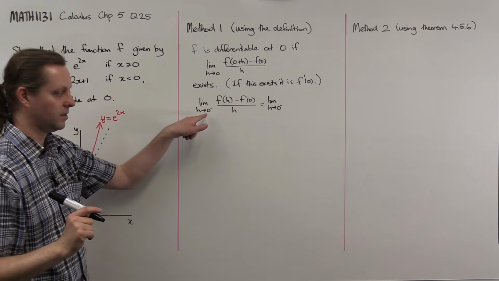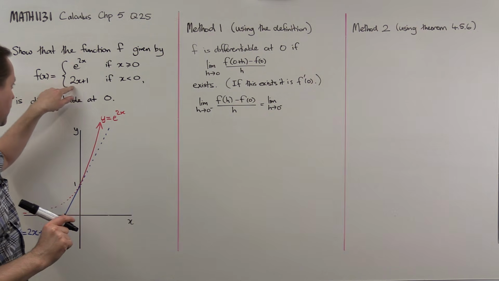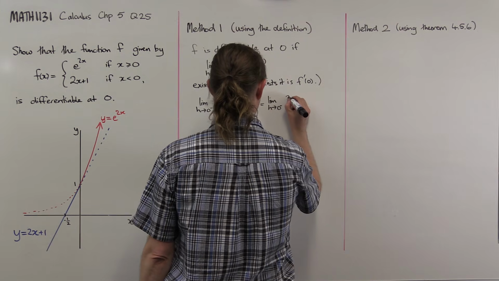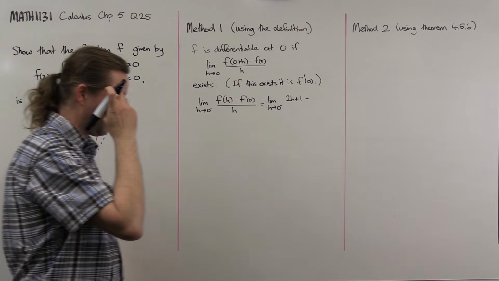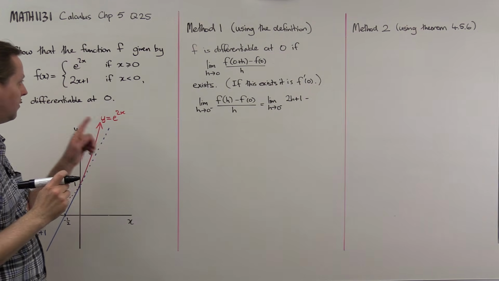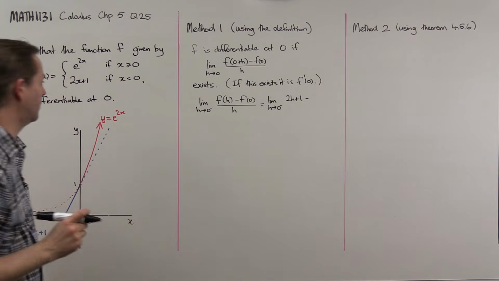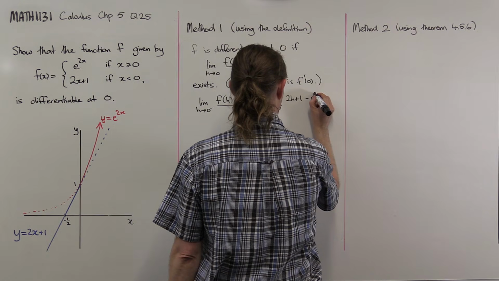Well, if h is approaching 0 from below, then it's a negative number, and so f of h will be given by this part of the definition here. So that's f of h is 2h plus 1, and minus f of 0. Now f of 0, when you put x equals 0 into here, you need to use the top part of the definition. So that's e to the 2, I'll write it as e to the 2 times 0.